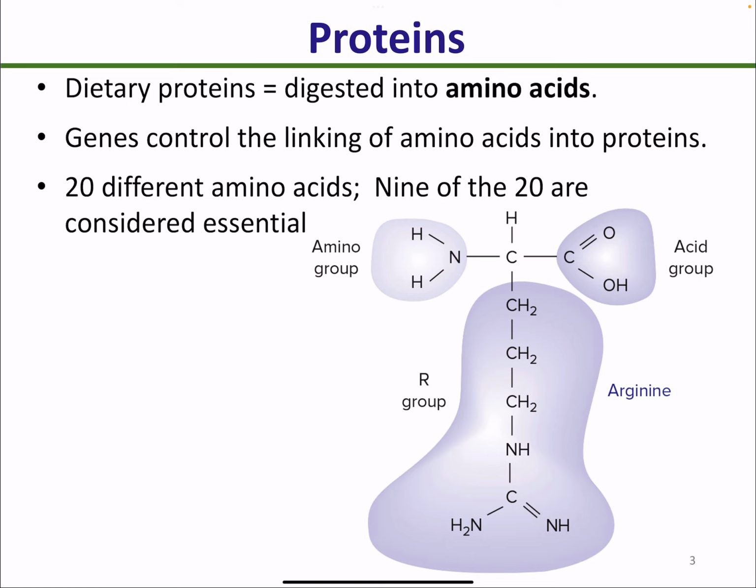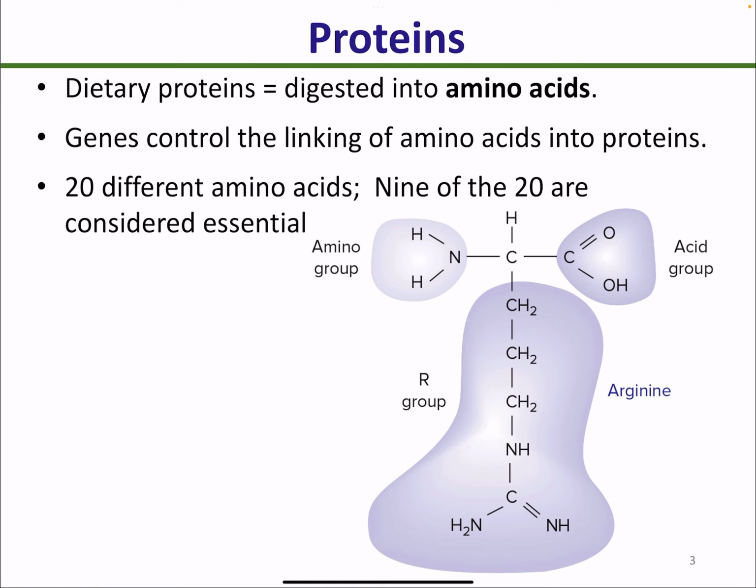These proteins, when they come in your system, in the stomach, they get broken down by some enzymes called peptidases, right? In the small intestine also, the proteases. The proteases are going to break down proteins into small chunks of sequences of amino acids.